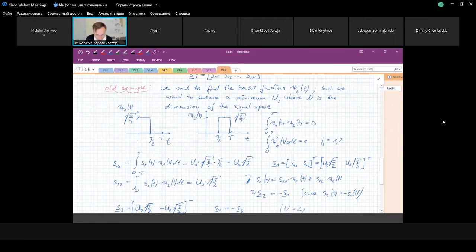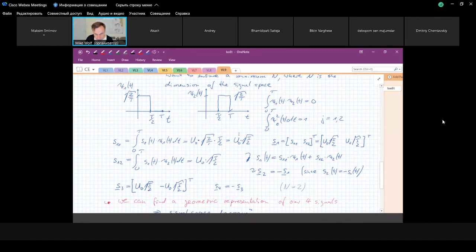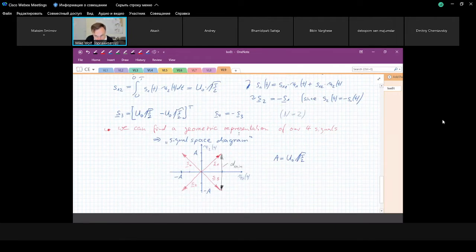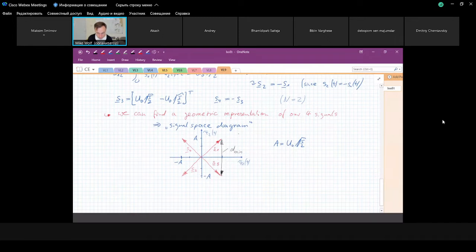We assume that our signals are restricted to this interval. Later we will see that this is not required if we talk about modulation schemes. But for the first, this is a simplification which helps us to make things easier. But it's not required.